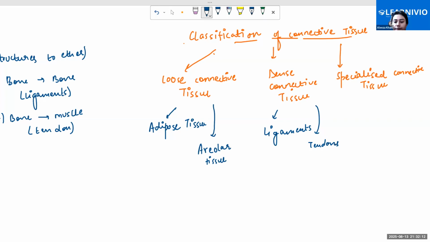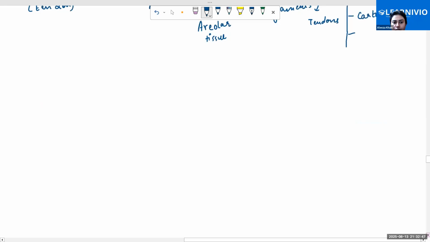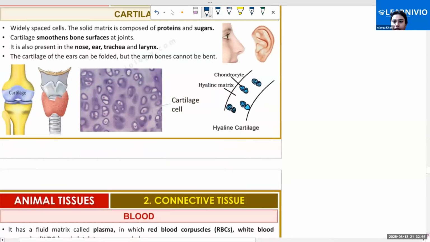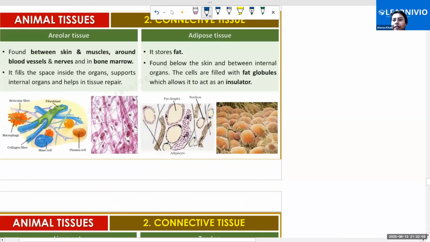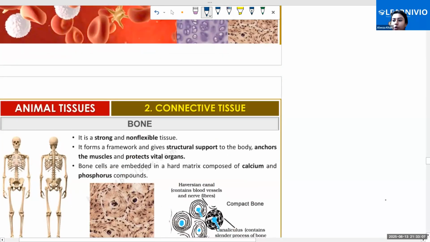Now, coming on to the specialized, you will be having bone, blood, and cartilage. Only these three are given in your textbook: bone, blood, and cartilage.